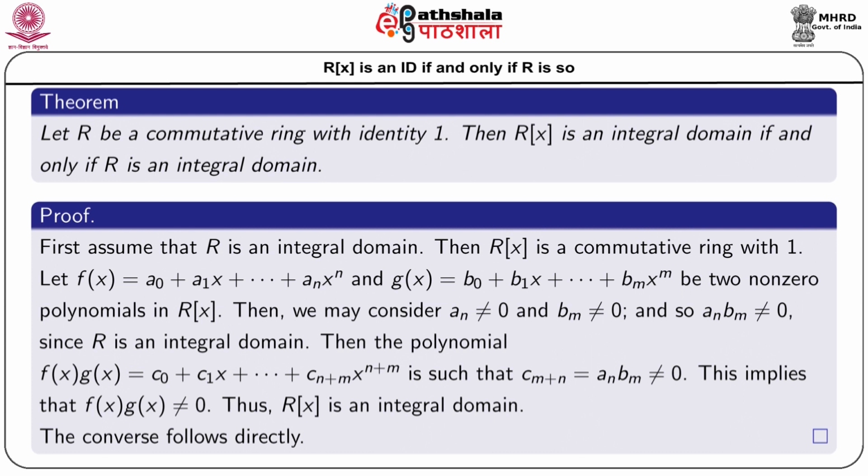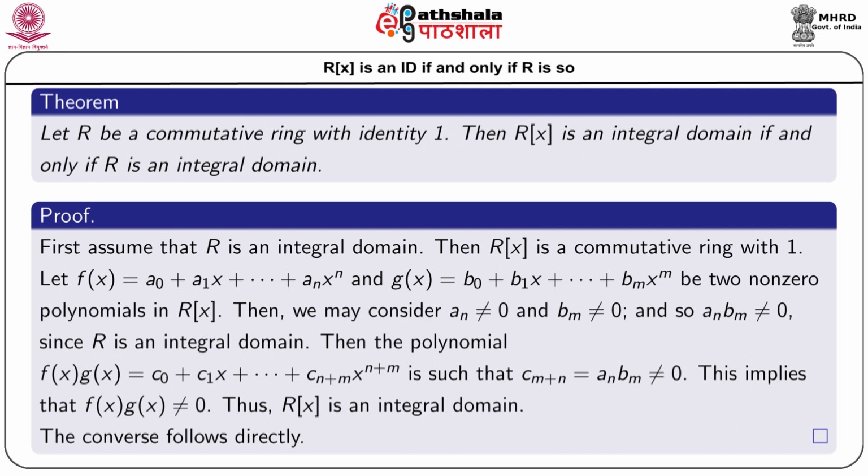Now, a_n and b_m are two elements of R, and since R is an integral domain, it follows that a_n times b_m is non-zero, and hence the product f(x)g(x) is non-zero, since the coefficient of the last term c_{n+m} is non-zero.